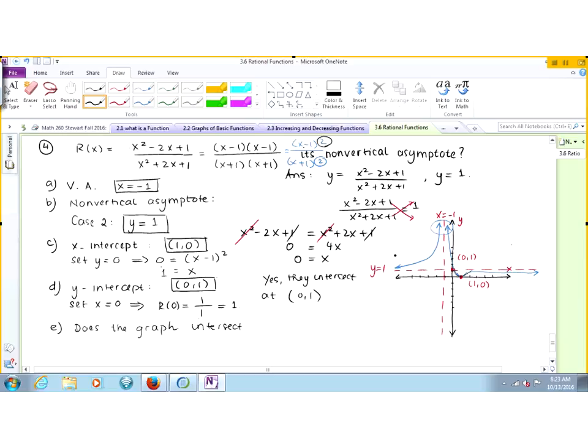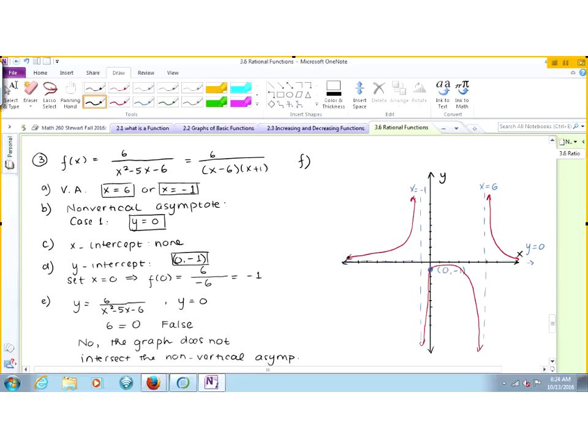What is the domain here? Negative infinity to -1 union -1 to infinity. What is the range? 0 to infinity. And what about the other one? What is the domain on this one?